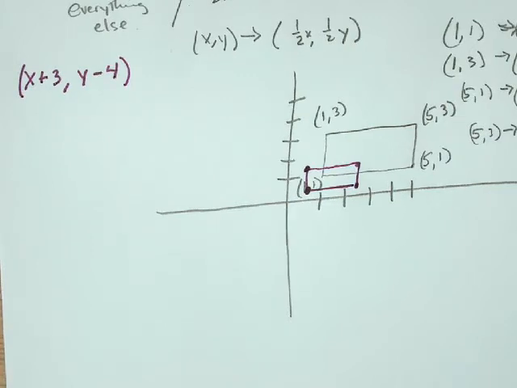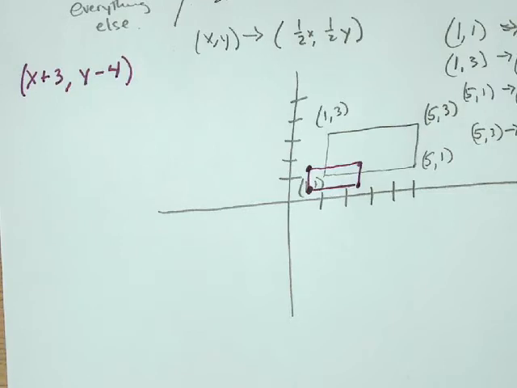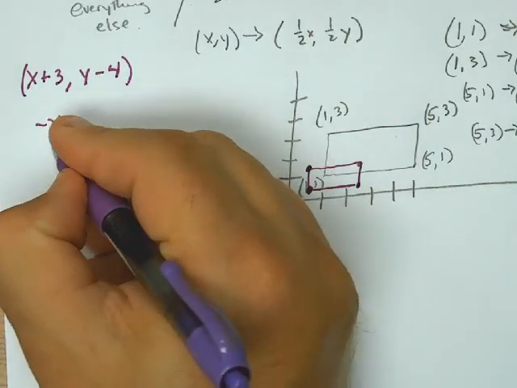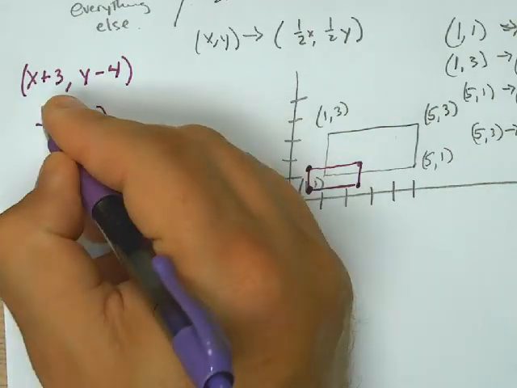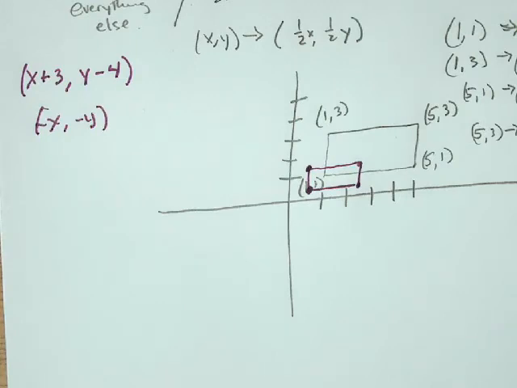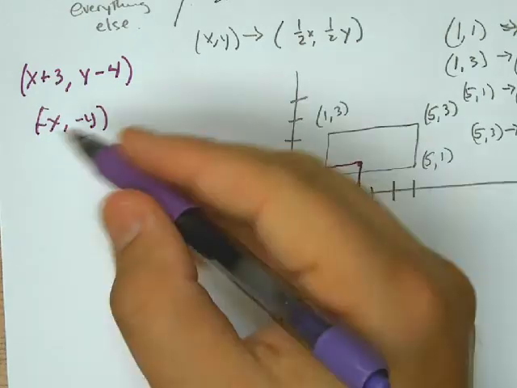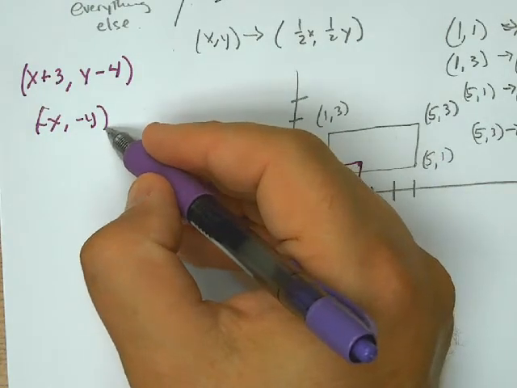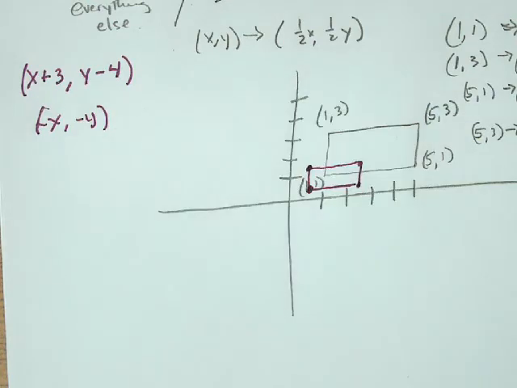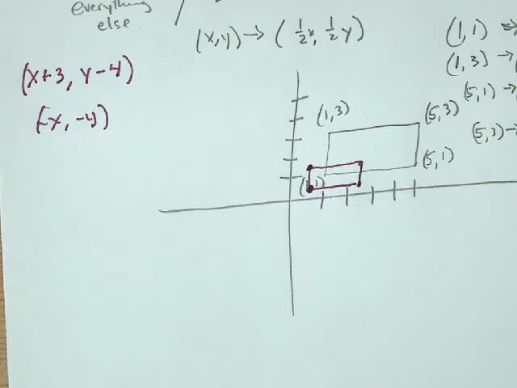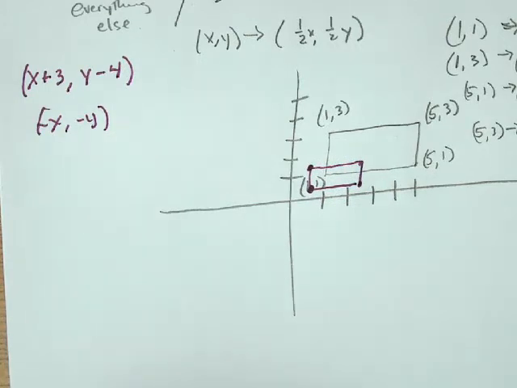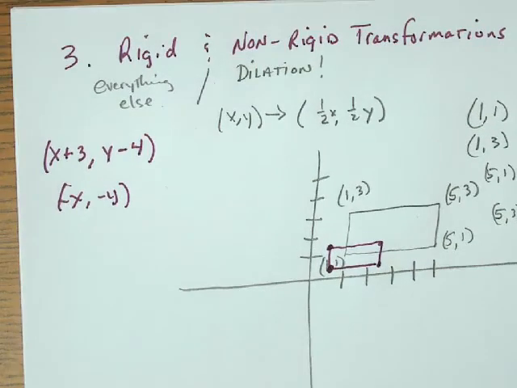So if I multiply by -1, so negative x and negative y, that is a non-rigid transformation. Remember, that's also the same as a 180-degree rotation. You guys remember this, the rigid and the non-rigid?